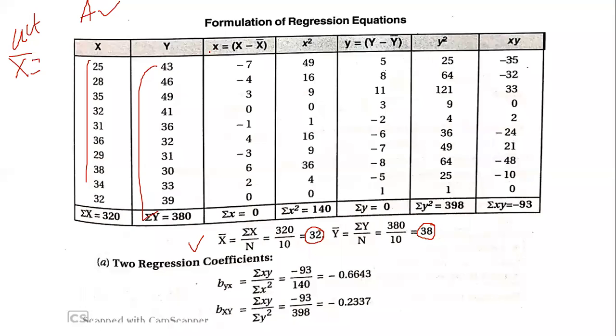So what is the next thing we will do? We will find the deviations. Since it's an actual mean problem, we find deviations from x, that is small x equals x minus x bar. What is x bar? x bar is 32. So 25 minus 32 is minus 7, 28 minus 32 is minus 4, 35 minus 32 is 3, 32 minus 32 is 0, and so on.